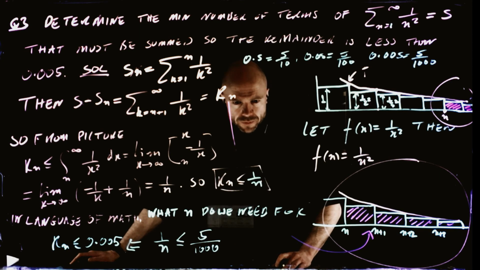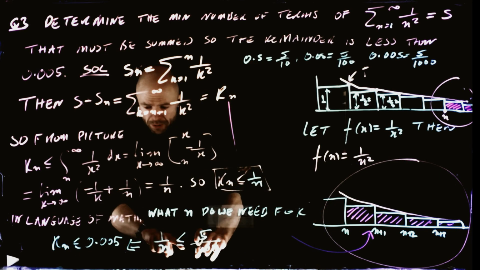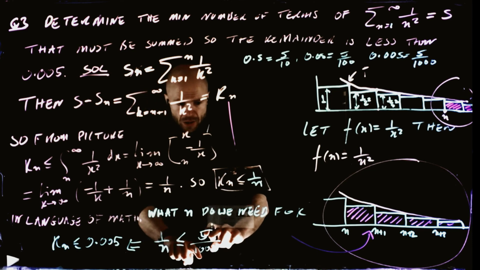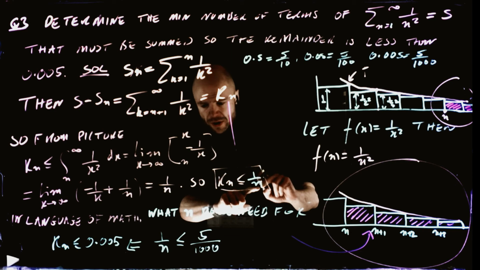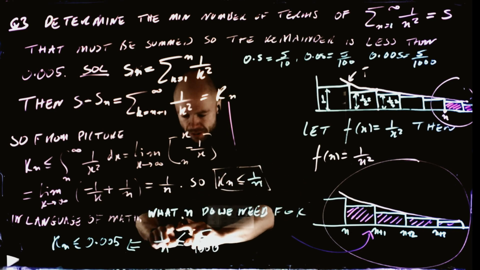Everybody with me? We want the error to be less than this thing here. And we know that the error, Rn, is less than 1 over n. So we need this to be true.